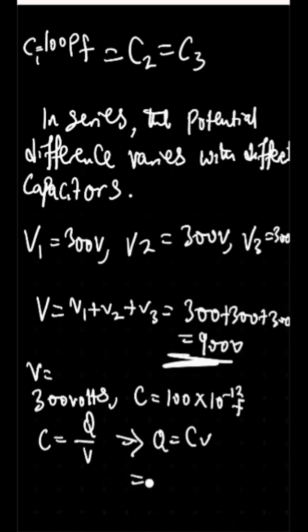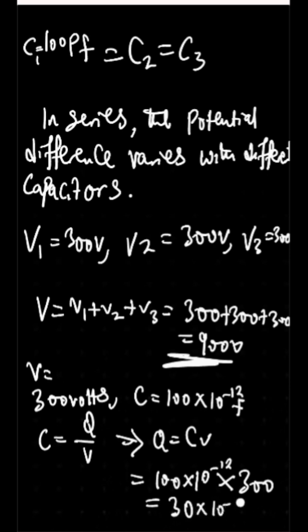So that will be equal to 100 times 10 raised to the power minus 12 times 300. If you multiply, this will give you 3 times 10 raised to the power minus 8, or 30 nanocoulomb. It's as easy as that.